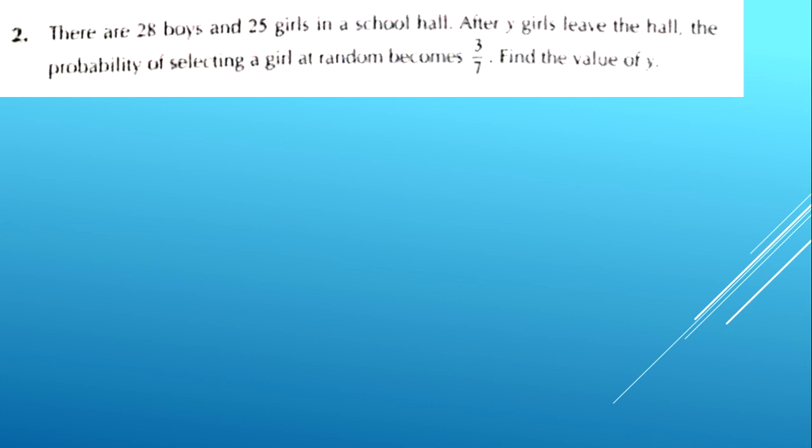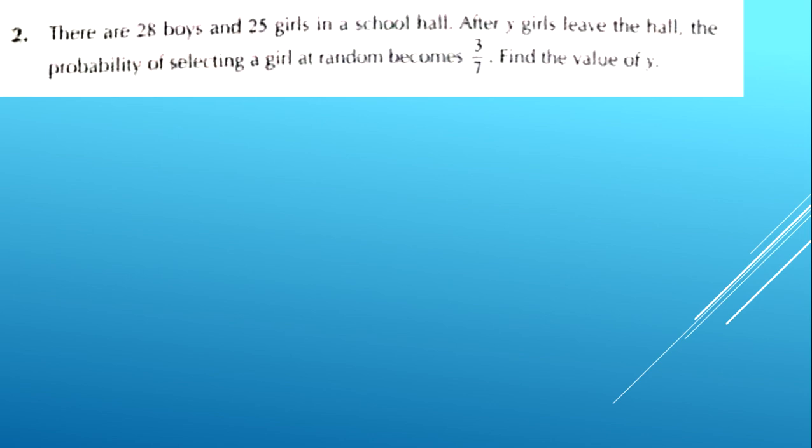There are 28 boys and 25 girls in a school hall. After y girls leave the hall, the probability of selecting a girl at random becomes 3 on 7. Find the value of y. Again, since we are dealing with probability, it will favor us if we try to find the sample space.